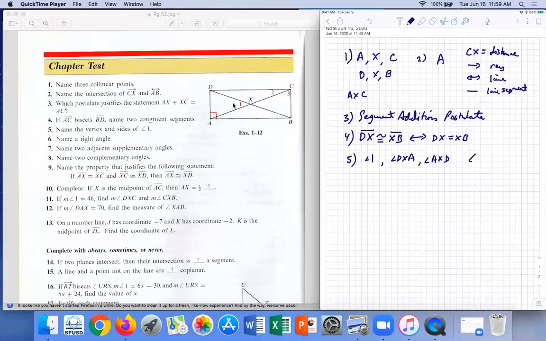Sometimes I'll write the angle like this, just so that it doesn't look like an L. It's personal preference. So angle 1 is also known as angle DXA and also angle AXD.